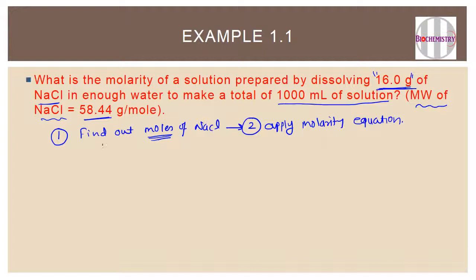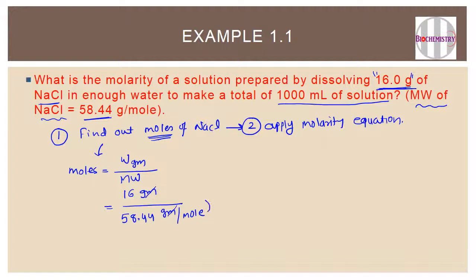Okay, let us carry out the first step. So we all know that moles is equal to weight in gram divided by molecular weight. So here weight is 16 gram. Better to write the unit with any number, so calculation will be easy. 58.44 gram per mole. Now gram is out.